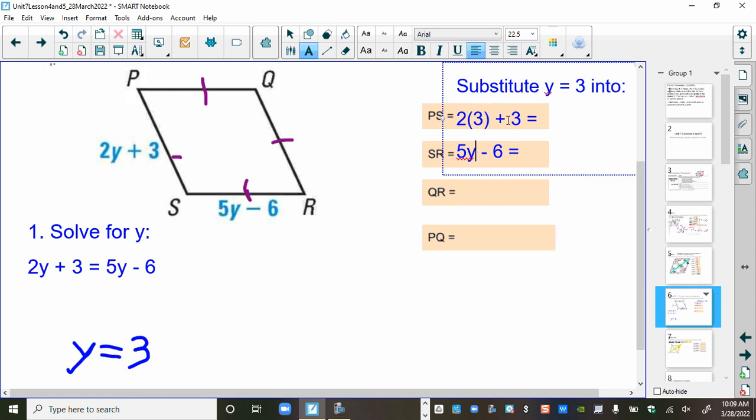Both are going to be 9. And if they're both 9, that means the other two sides also have to be 9.